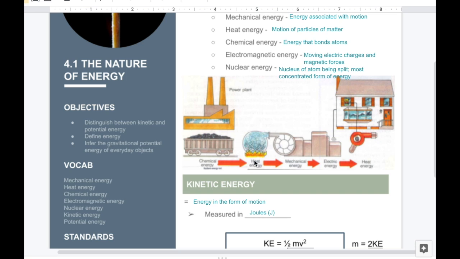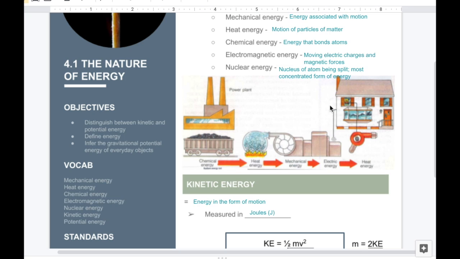When we burn the coal, it creates heat energy, causing the water to boil and create air flow, which is mechanical energy, to make this generator convert to electric energy.